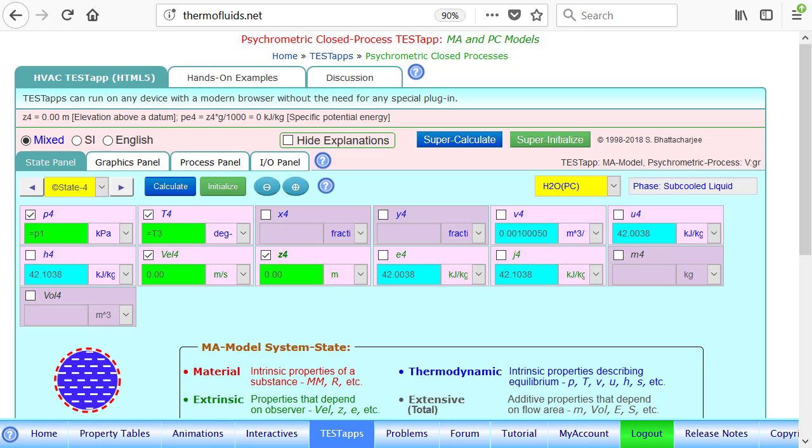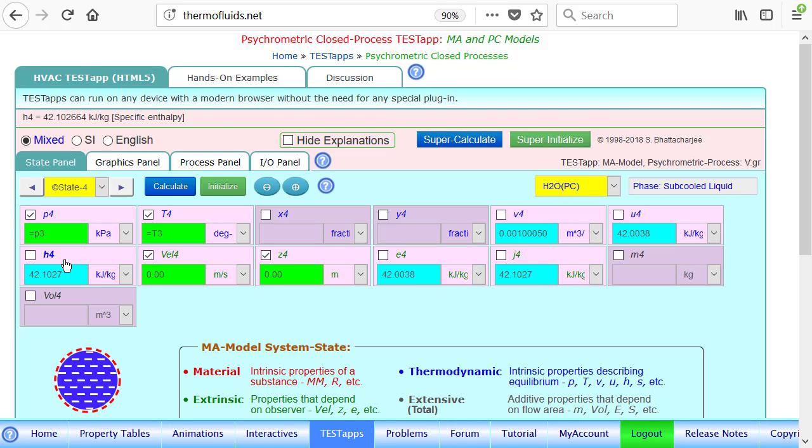But because this TEST app is capable of finding any kind of state very easily, a real-life condition is that the final pressure of water is the same as the tank pressure. P3 would probably be a better representation of the pressure. So you can see the enthalpy doesn't change much.